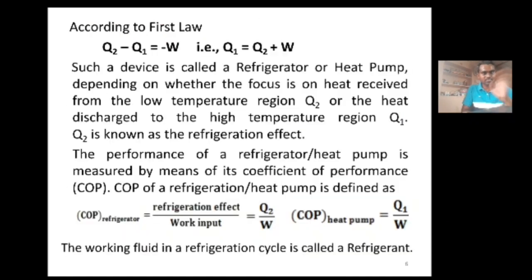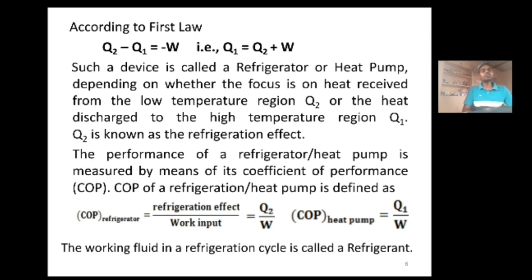Considering that and applying the first law, Q2 minus Q1 will be minus W. W is the work input that we have supplied to the refrigerator, minus because it is being given into the system, supplied by us. Then if you modify it, it becomes Q1 equals Q2 plus W, as is quite obvious.